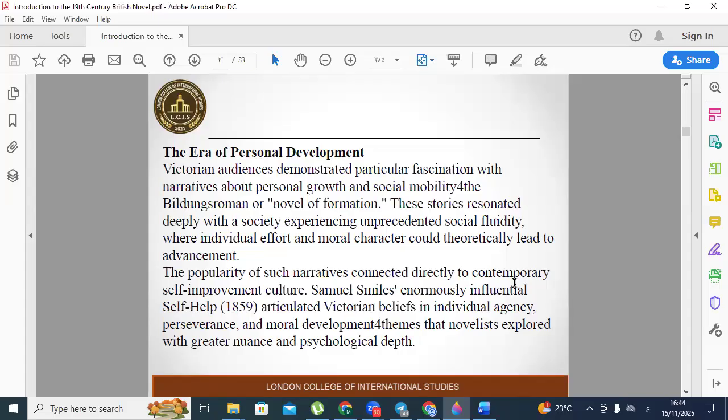The popularity of such narratives connected directly to contemporary self-improvement culture. Samuel Smiles' enormously influential self-help book of 1859 articulated Victorian beliefs in individual agency, perseverance, and moral development, themes that novelists explored with greater nuance and psychological depth.